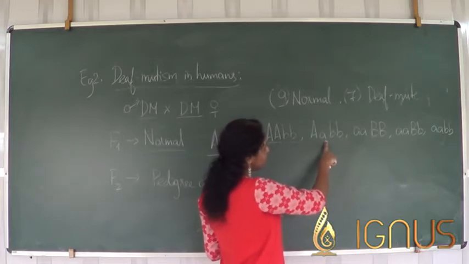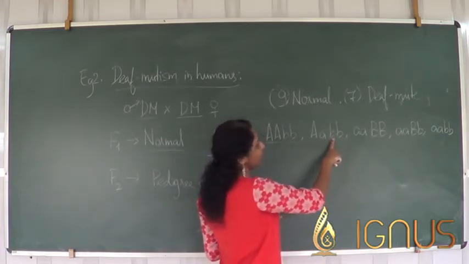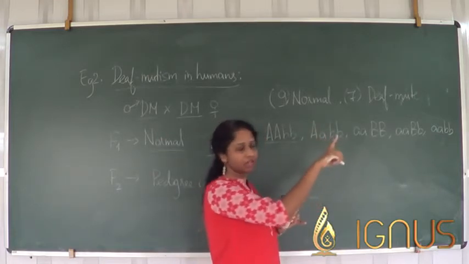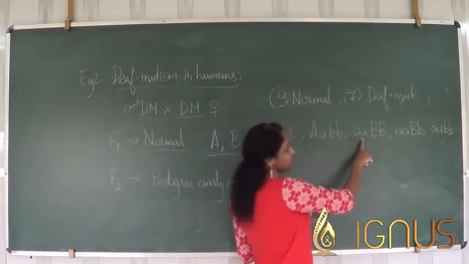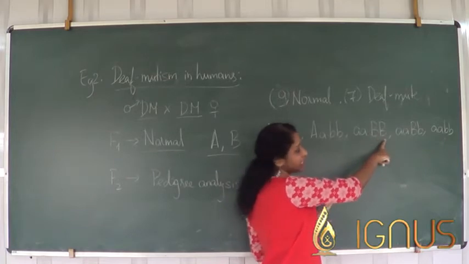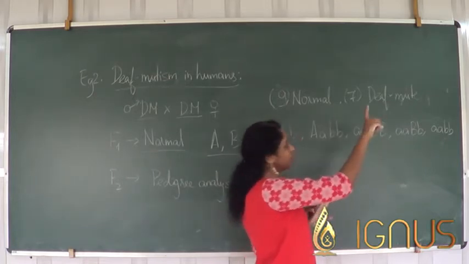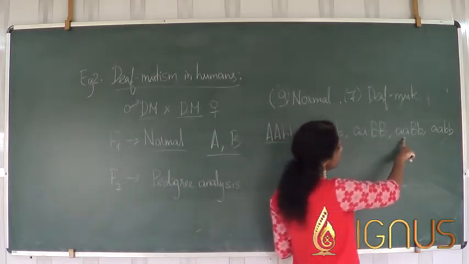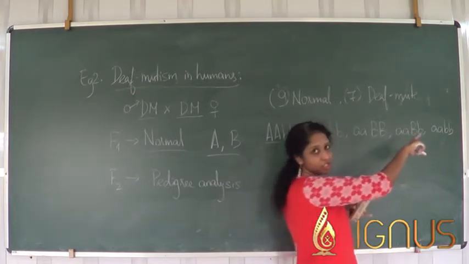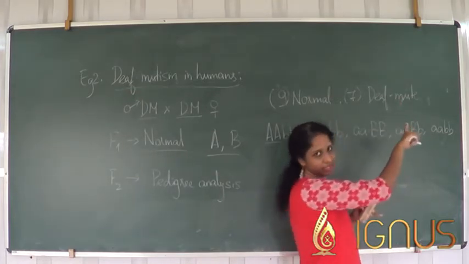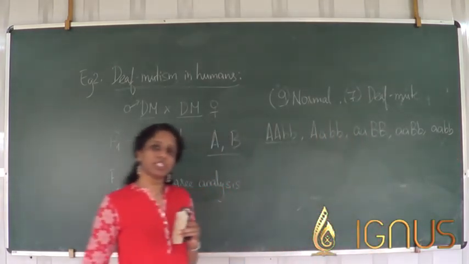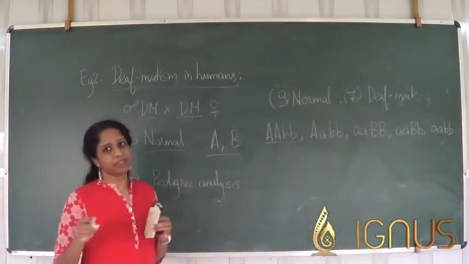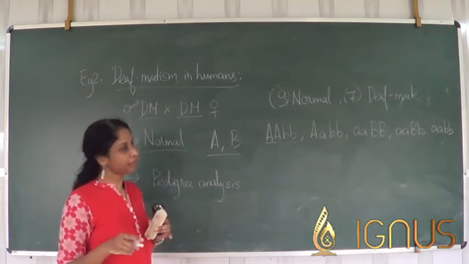You have a heterozygous dominant and a homozygous recessive, again going to give rise to a deaf mute person. Homozygous recessive but homozygous dominant in the other, B gene, again deaf mute. Homozygous recessive but heterozygous dominant, still going to give rise to a deaf mute person. Homozygous recessive in both the genes, all of them are going to give rise to a deaf mute person.